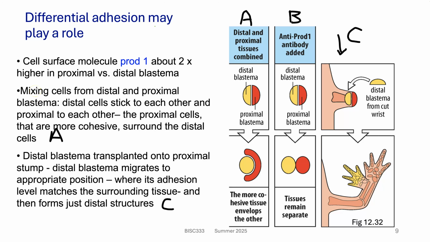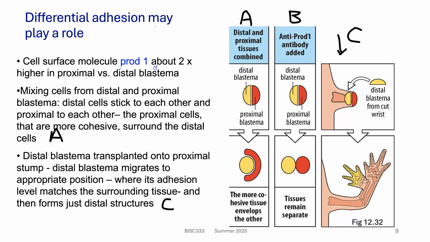Now, one of the properties of the cells that differs from proximal to distal is cell adhesion. We already know that there are gradients of signal in the developing limb, in the embryo, and we know, for example, retinoic acid is part of this whole story in the regeneration, and we'll talk about that in a bit.